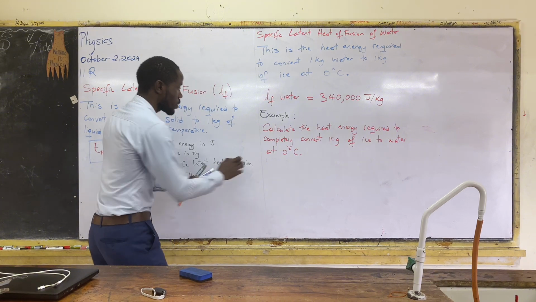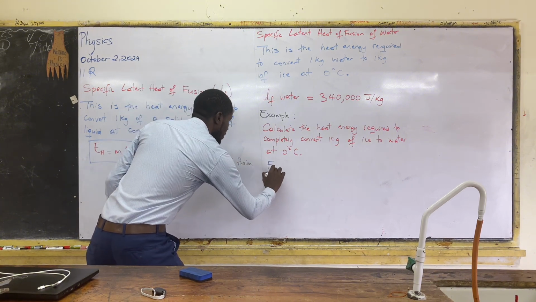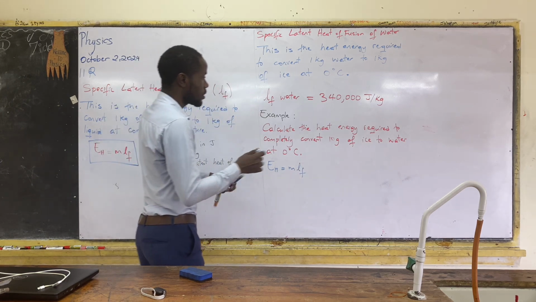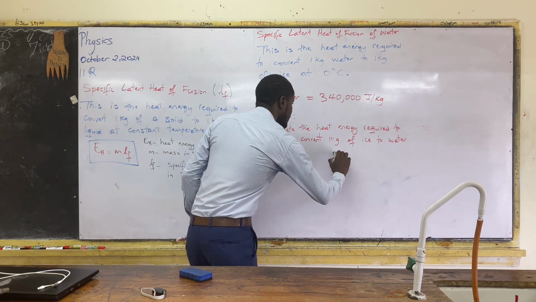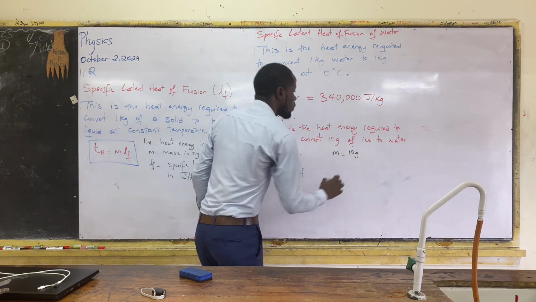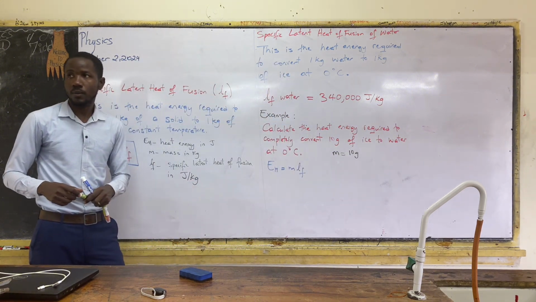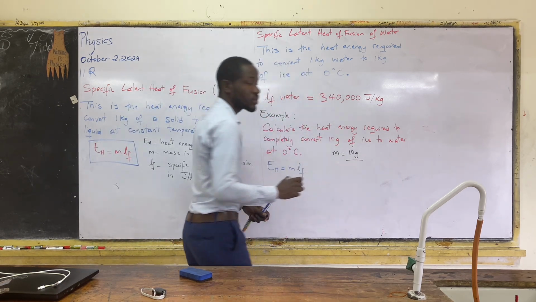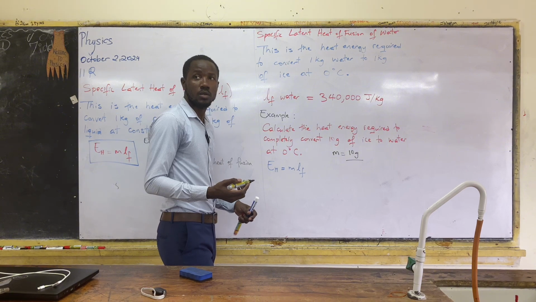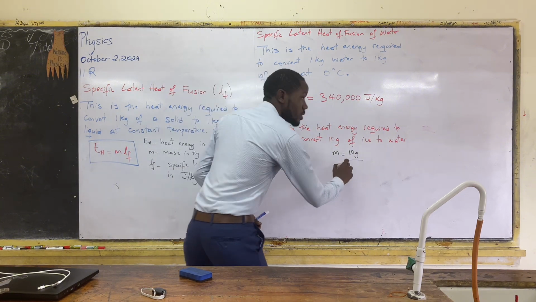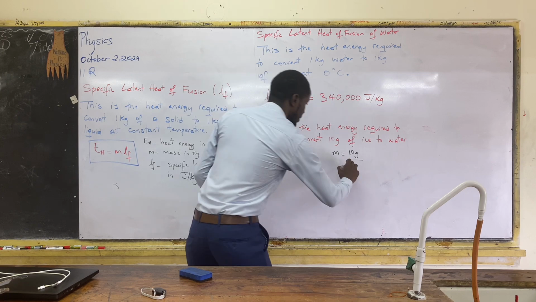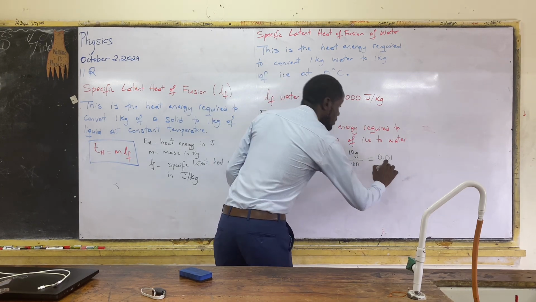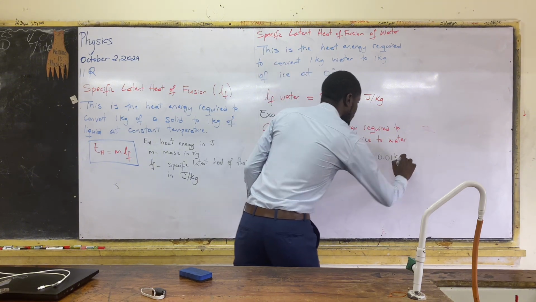So, we start out by saying that EH is equal to MLF. Now, M is 10 grams, which we can convert to kilograms by dividing by 1,000, so we get 0.01 kilogram.